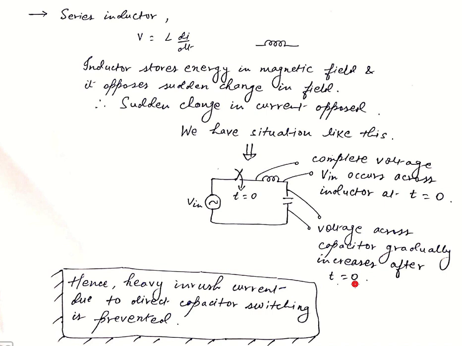So from here, what happens now? The inductor voltage will decrease gradually after some time, and the capacitor voltage increases gradually. Since the capacitor voltage is increasing gradually, the high dV by dt phenomenon which was occurring earlier is now prevented, and high inrush current due to capacitor switching is also avoided.